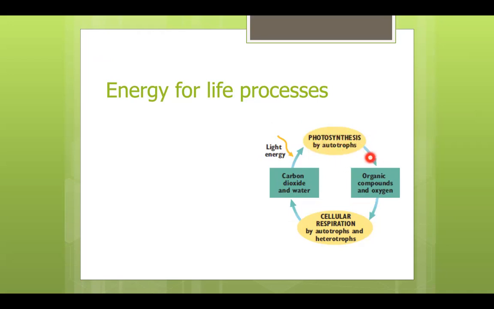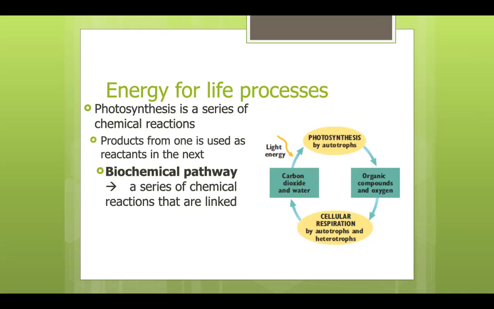And in this process, they're going to create organic compounds and oxygen. Organic compounds and oxygen are going to be used by autotrophs and heterotrophs during cellular respiration. This process makes energy for life processes. And this process is going to produce carbon dioxide and water, which will then be used again by photosynthesis. And so that's how they're related.